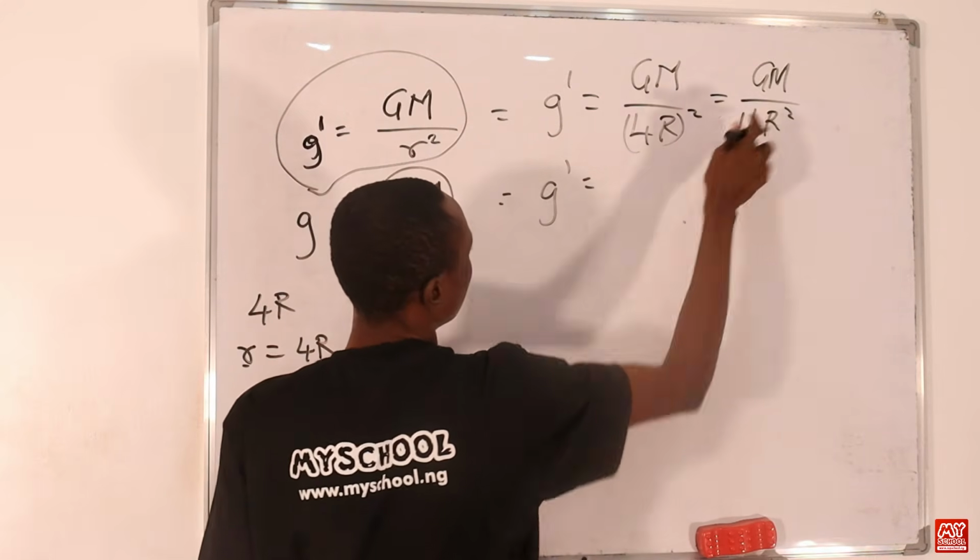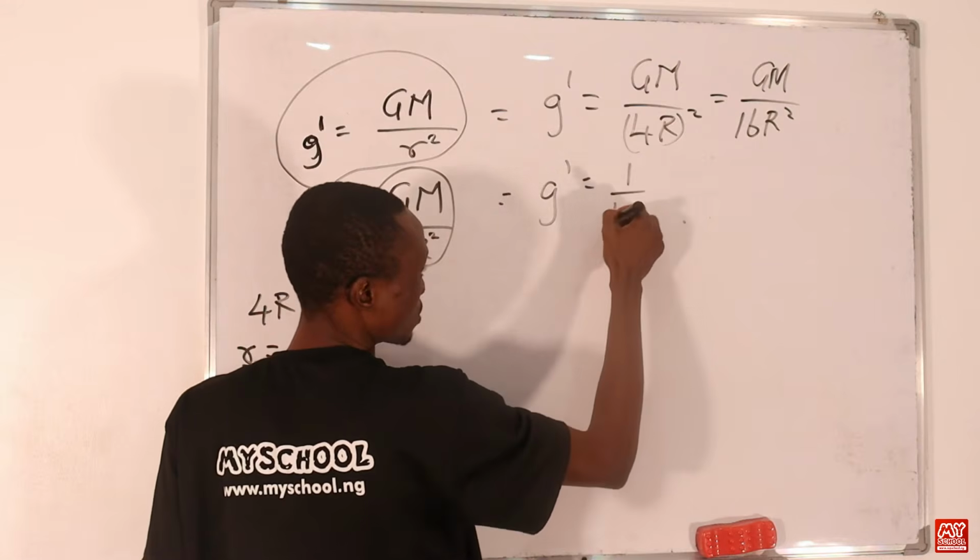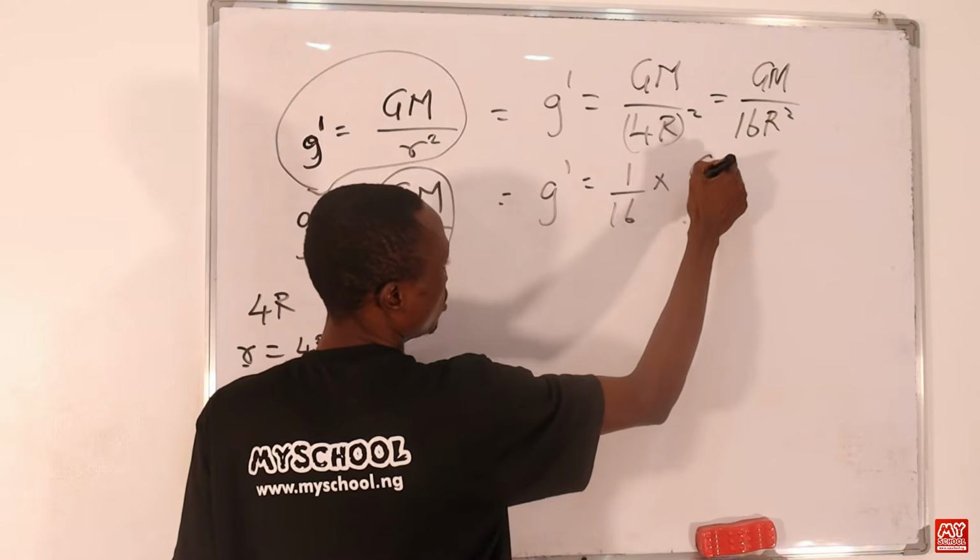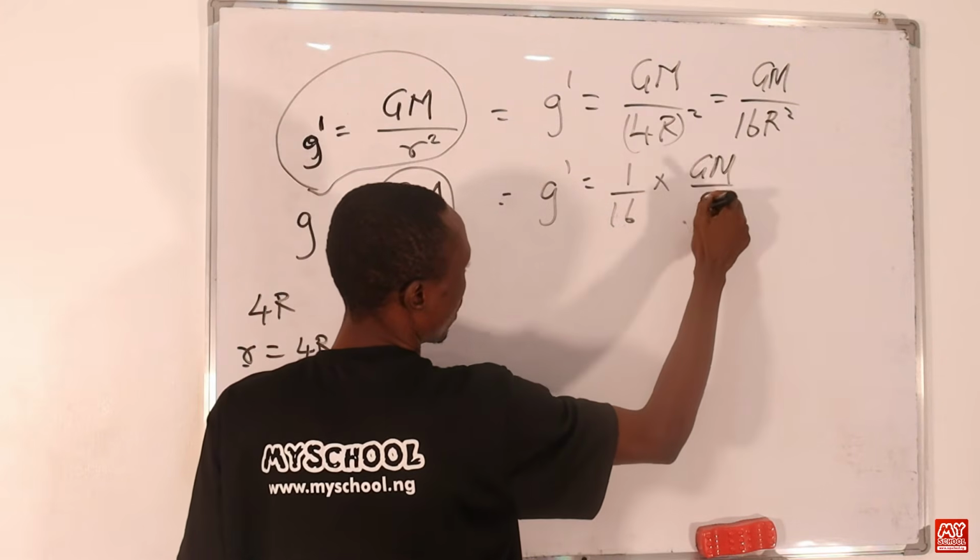We can rewrite this as 1 over 16 times GM all over R squared.